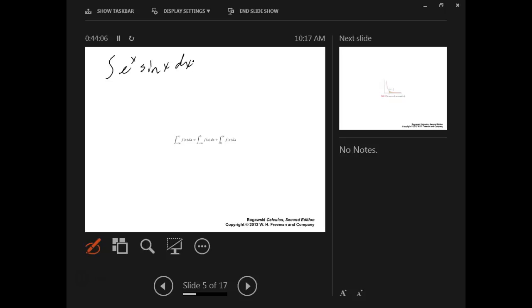Either of them would be good for the dv. And they're not going to get any simpler on the u. So what are you going to do on something like that? Repeat it. And either the second or the third or the fourth time through, you're going to wind up with something you started with. And if you get that, then you can do it.